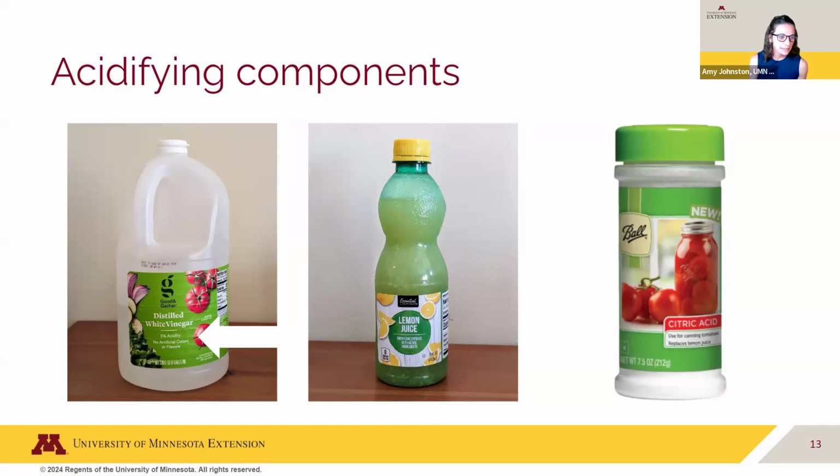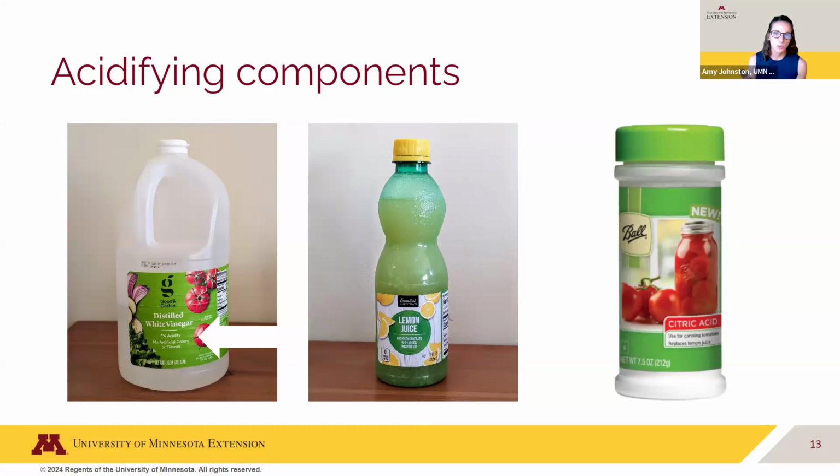In the past, a range of 4 to 6% acidity was recommended for use. However, that's no longer the case because there is a risk that using a vinegar with 4% or less acidity, the final product equilibrium pH might not get to that 4.6 or below. So use that 5%.